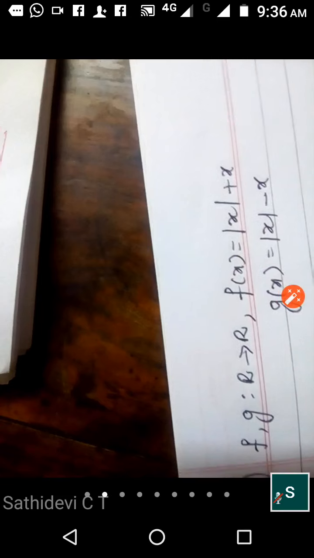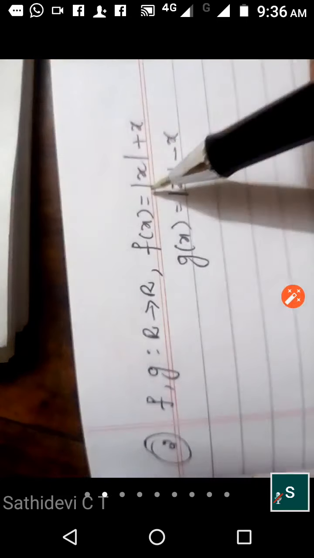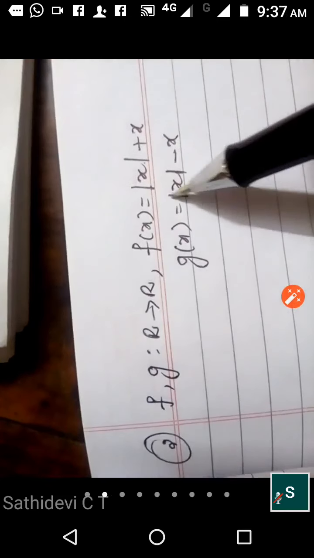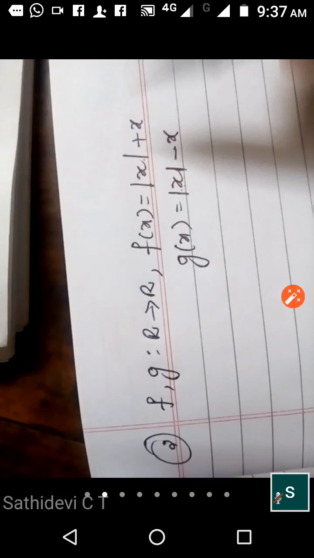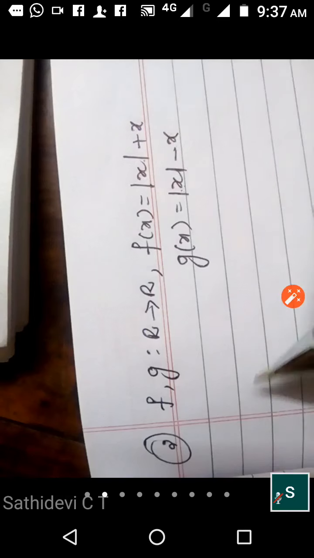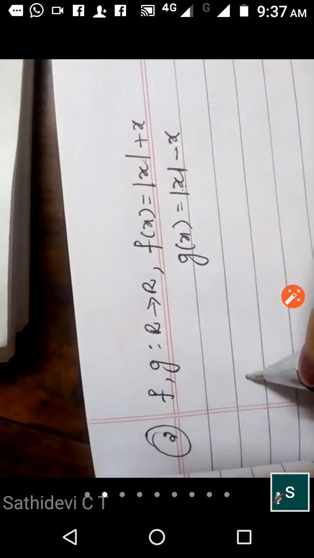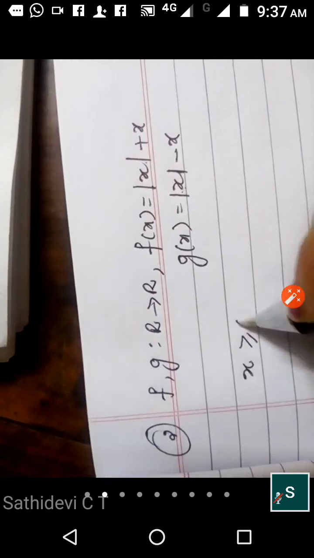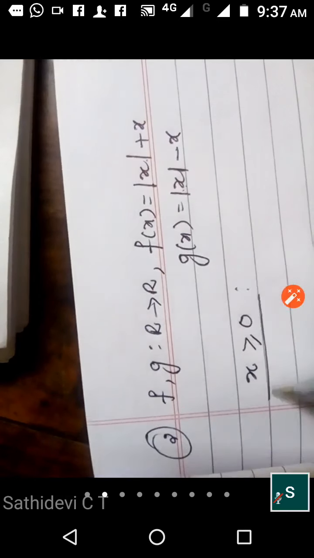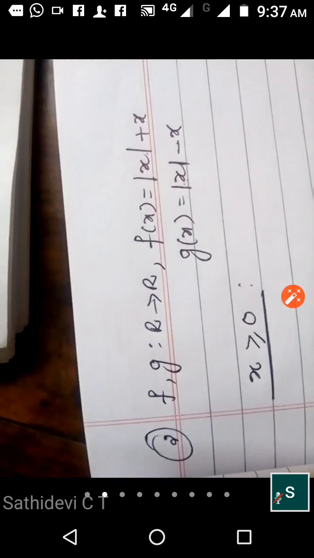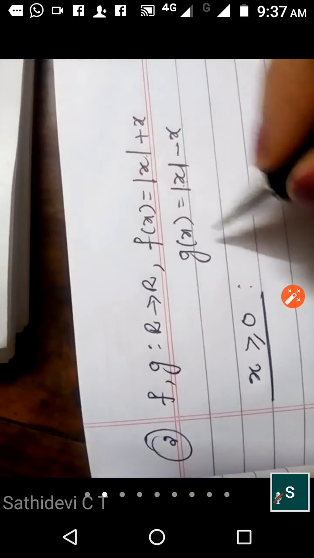That is the question. So remember, whenever there are modulus functions given, you have to redefine it. We know modulus function has two cases, so let us take the cases separately. First case, when x is greater than or equal to 0. Then what happens to f of x?